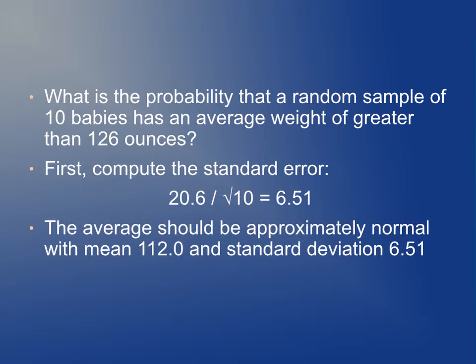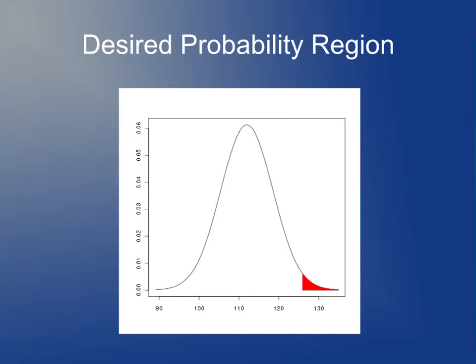The first thing we do is compute the standard error. We know the standard deviation of the general population is 20.6. We divide that by the square root of 10, we get 6.51. So the average of 10 babies should be approximately normal with mean 112 and standard deviation 6.51. Drawing the picture here, the probability region of interest would be the red region in this graph, the area greater than 126.